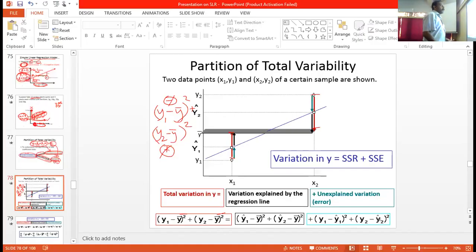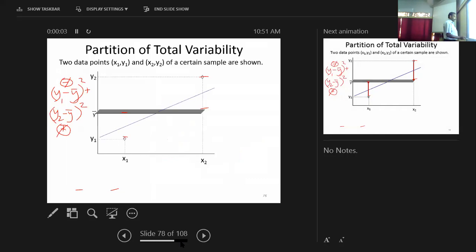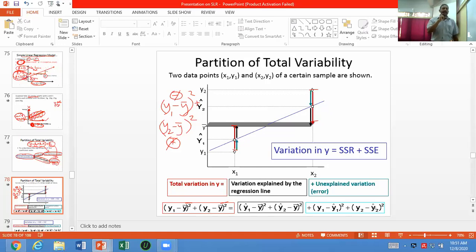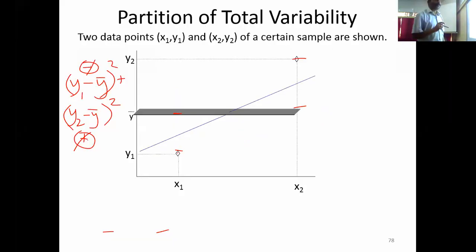Once you square it, we can get rid of this.